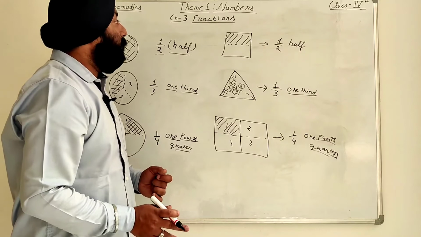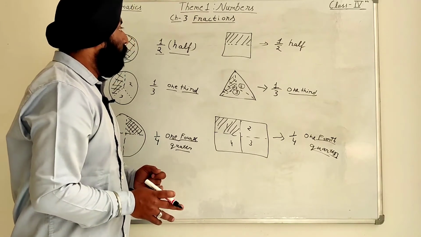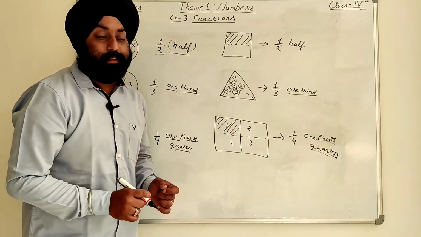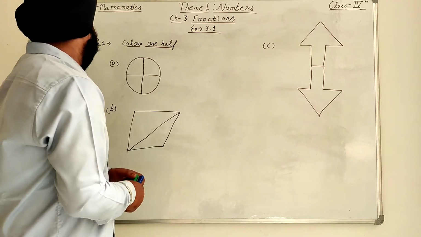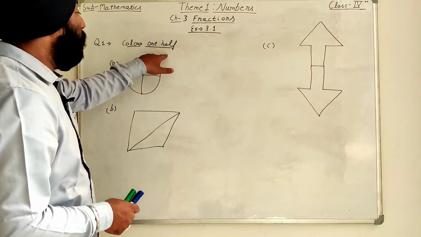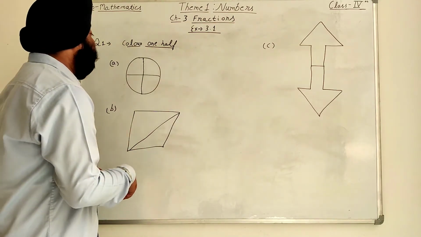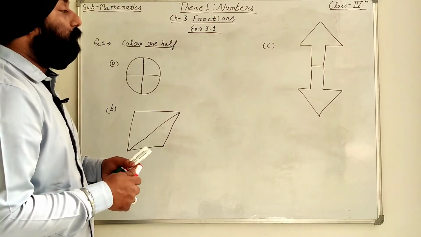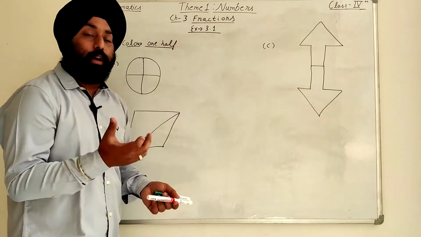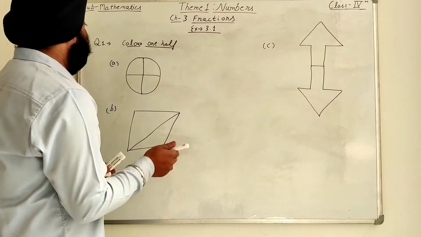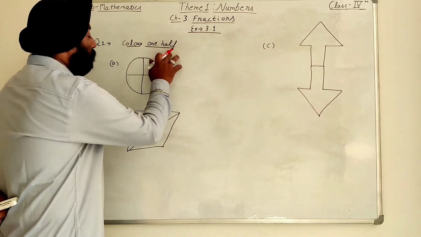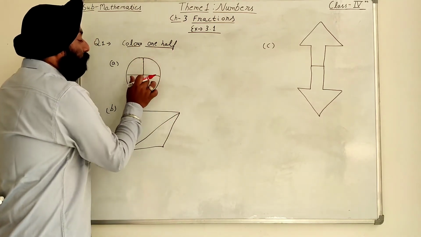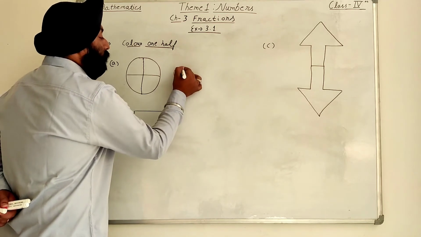Now we are going to start our exercise. Students, the first question is color 1/2. We have to divide the figure into half and then color it. So the first part is color the 1/2. Means we have to divide the circle into half.